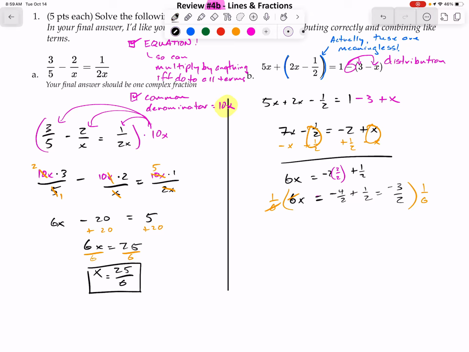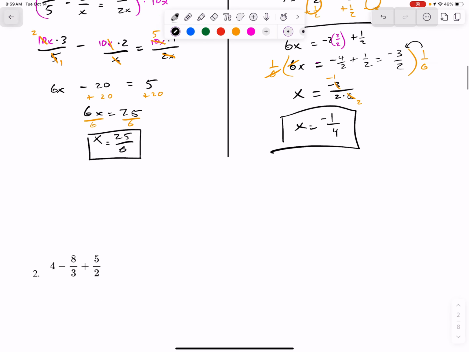And I'm left with just x equals 1/6 times that, which is negative 3 over 2 times 6. I love to divide things out early, so 3 goes into that 2 times, 3 goes into that negative 1 times. So we have x equals negative 1 over 4. Shazam.